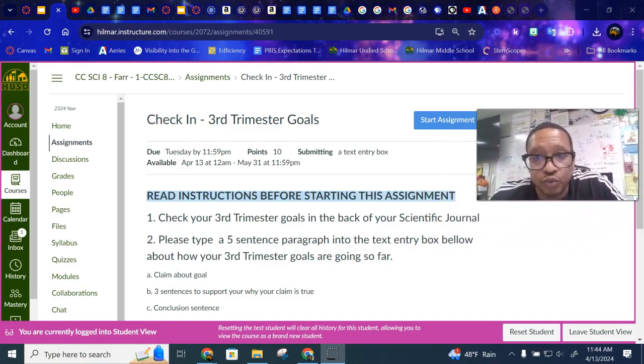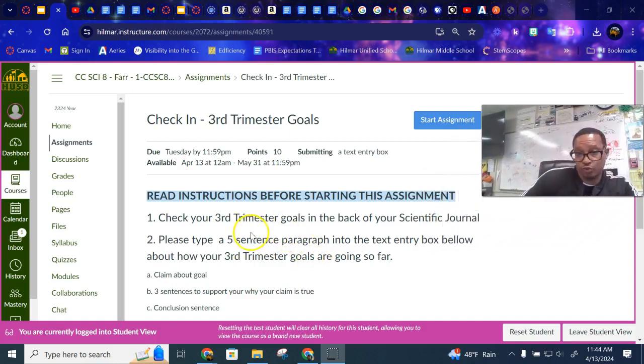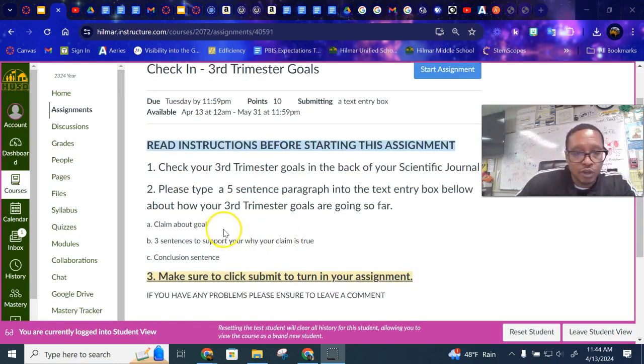If you just read these, check your third trimester goals in the back of your scientific journal. That's one. Number two, please type a 5-sentence paragraph in the text entry box below about how your third trimester goals are going so far. So claim about the goal. So is it going good? Is it going bad?